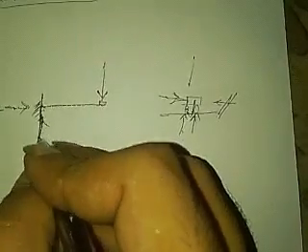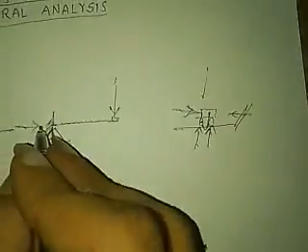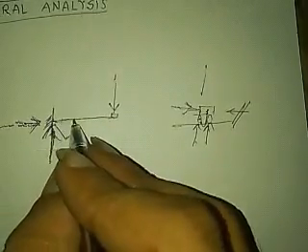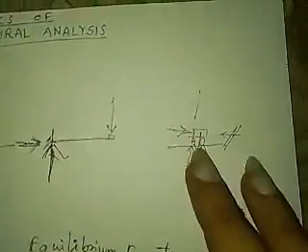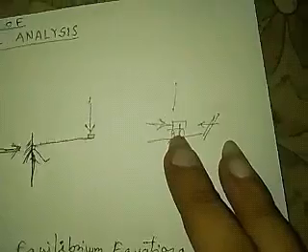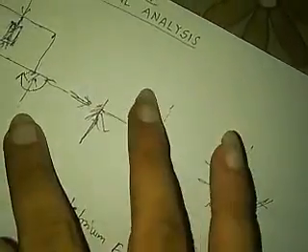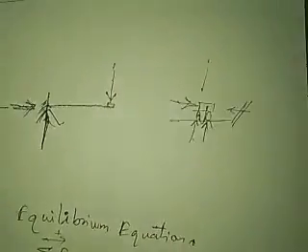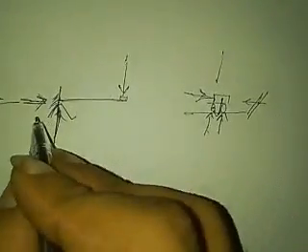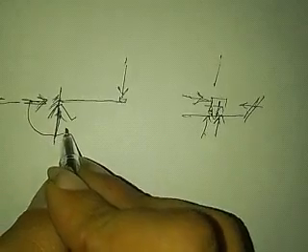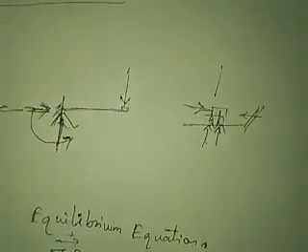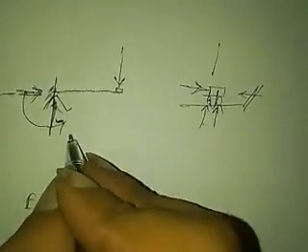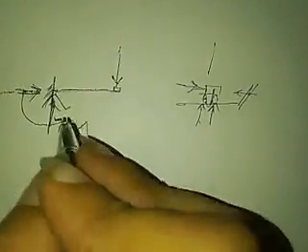So it will get a reaction here, a reaction there, and one more thing: it is not rotating in this direction. It means that it is also getting some support reaction to not rotate. So this is a support reaction.